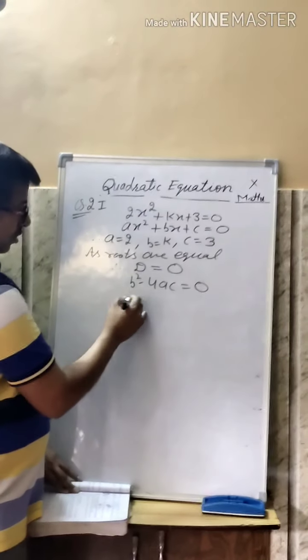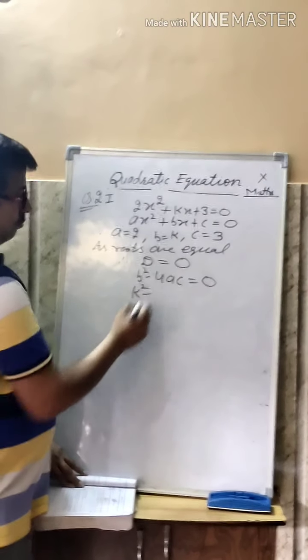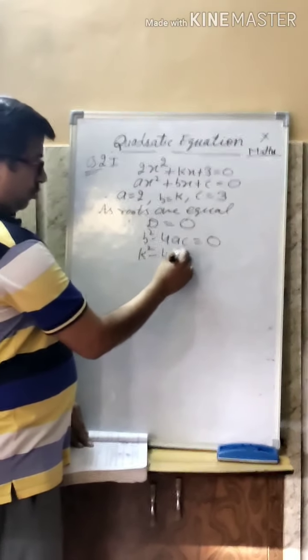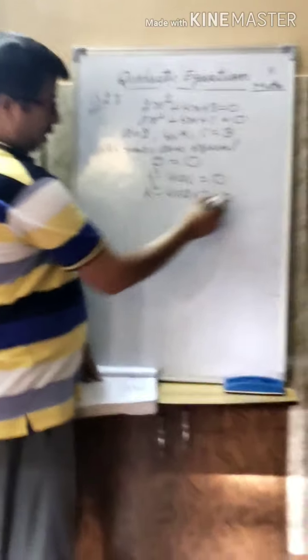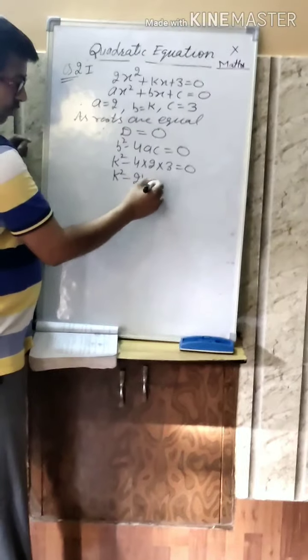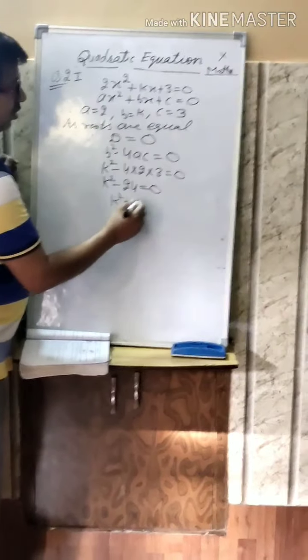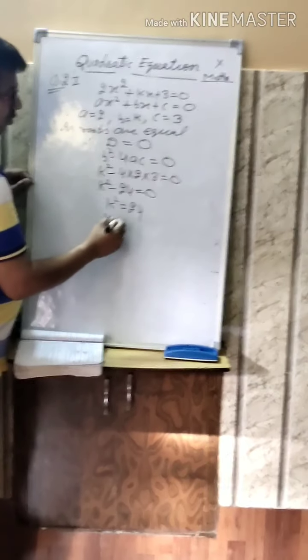So the b value is k square minus 4ac, 2 into 3, equal to 0. So k square minus 4 times 2 times 3, that is 24, equal to 0. So k square is equal to 24.